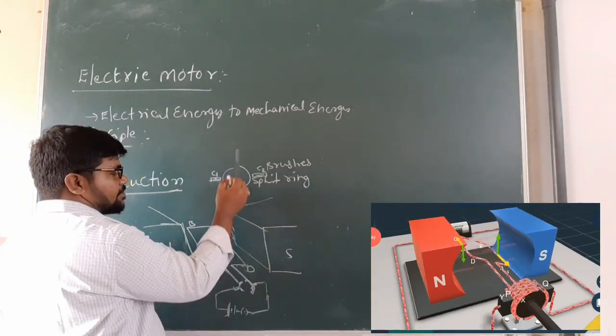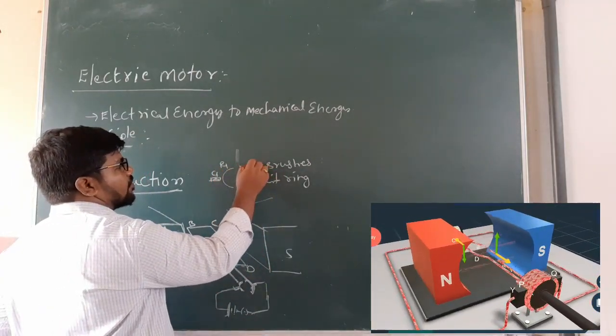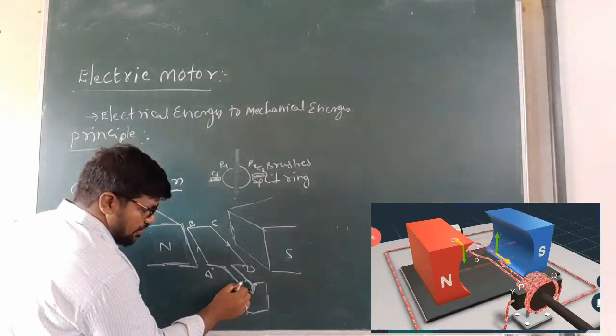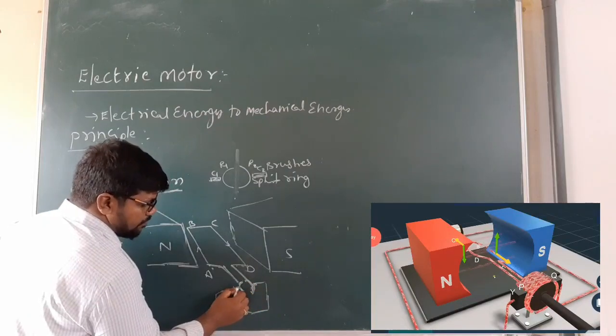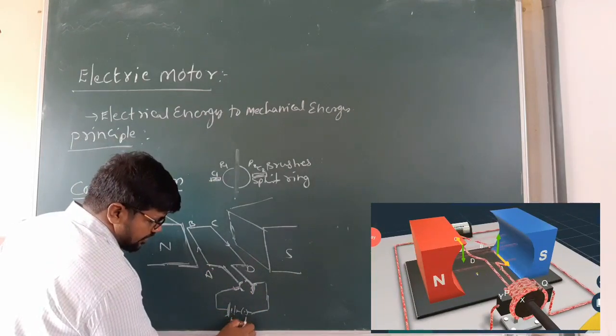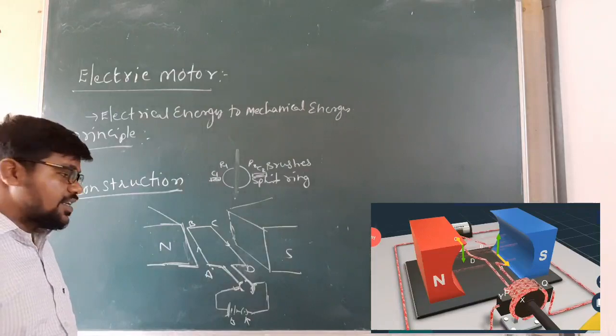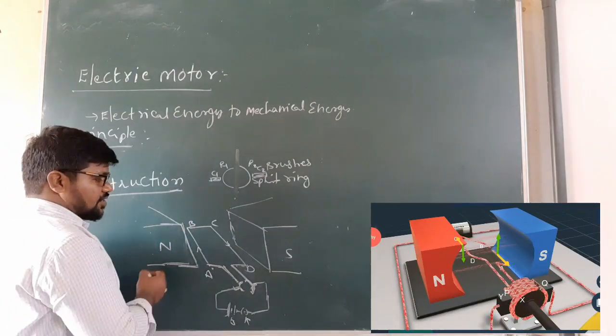Here split rings R1 and R2, carbon brush 1, carbon brush 2, battery, key. Got it, my children? So this is the construction.